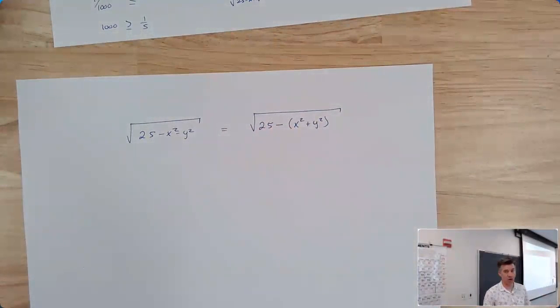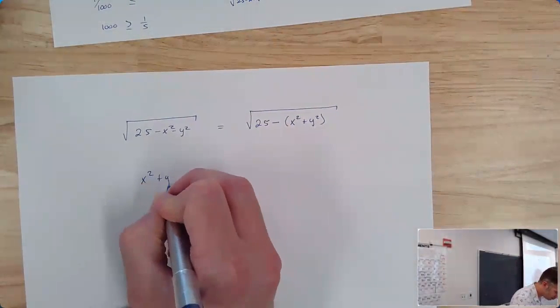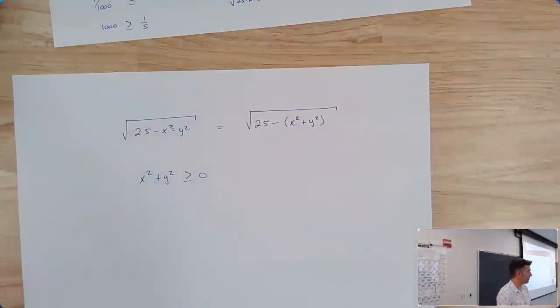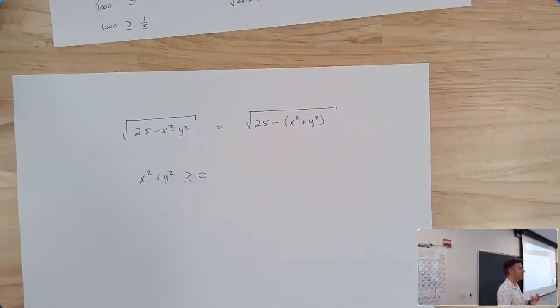And what I would encourage all of you to take to heart is that x squared plus y squared is always non-negative. Doesn't matter what you pick. X could be negative a billion, Y could be positive 2. You square them both, they both become positive, and then you add them together, it's still positive. Or at the very least, they're both 0. You square them, you still get 0. 0 plus 0 is still 0. So this has to always be greater than or equal to 0, which means if you subtract it, you're subtracting off something positive.